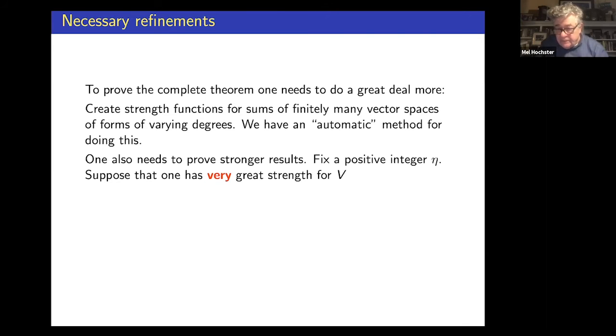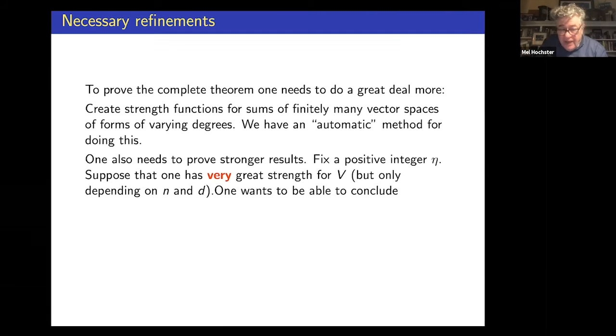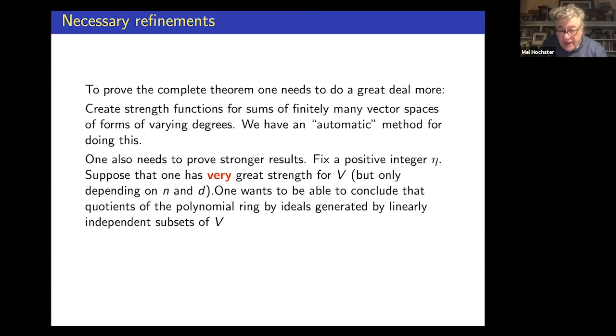So I'm going to fix a positive integer eta. Suppose you have a vector space of very great strength, but it's still small. It only depends on little n and little d. That's what I think of as small. It doesn't depend on the number of variables. Then one wants to be able to conclude that the quotients of the polynomial ring by ideals generated by linearly independent subsets of V are regular sequences.